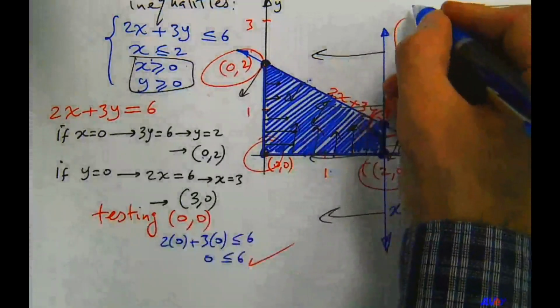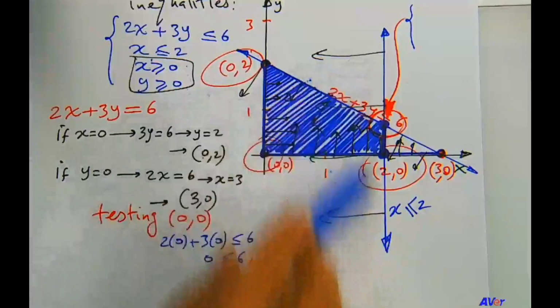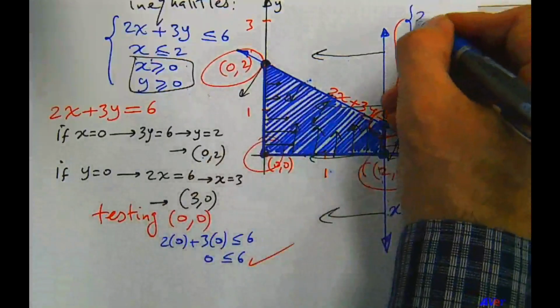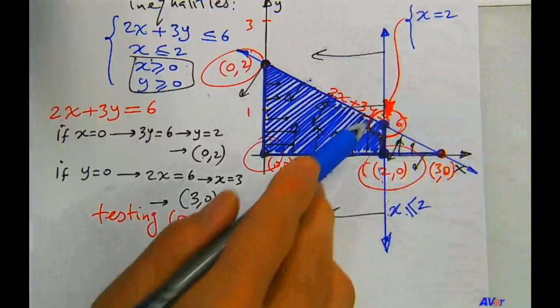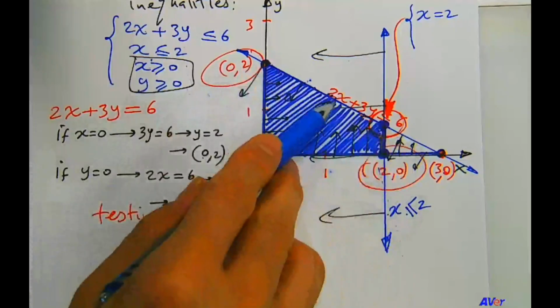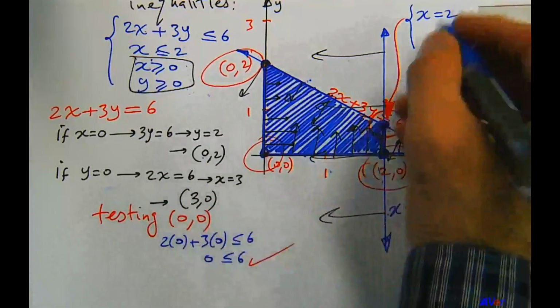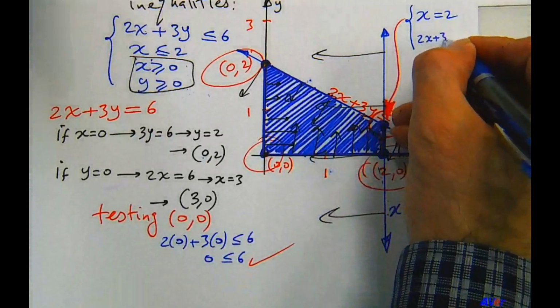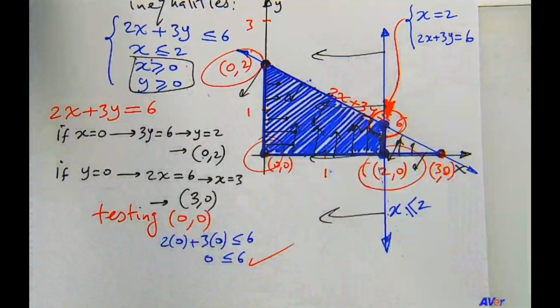So one line is x equals 2. That's one of the lines forming that intersection. And the other one is this one, 2x plus 3y equals 6. That one, right?